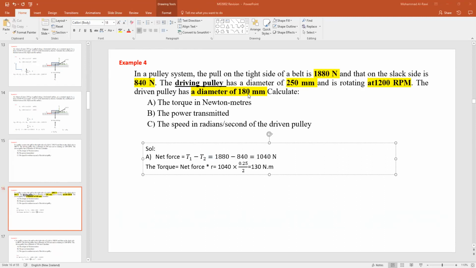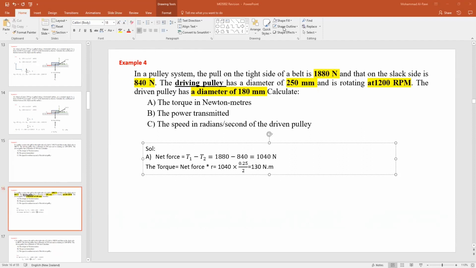So you have two different pulleys, one is the driving pulley, the other one is the driven. It's similar to the question you got in the test too, but you will have different belts in this question. You just draw the network between them, and then you find the torques generated for them.